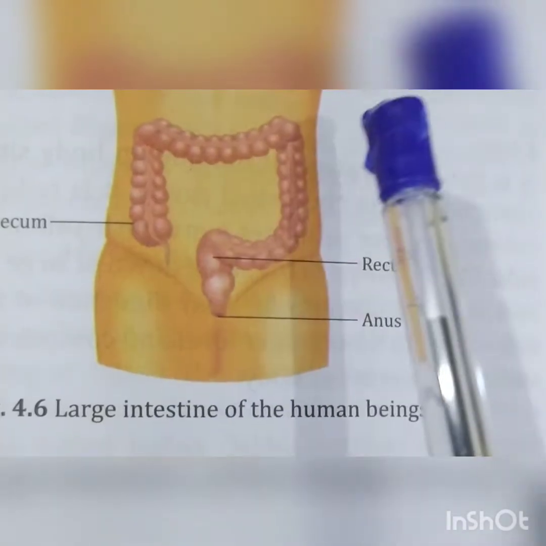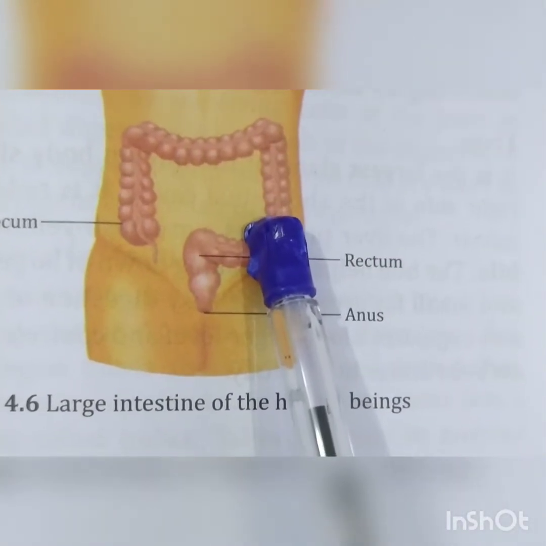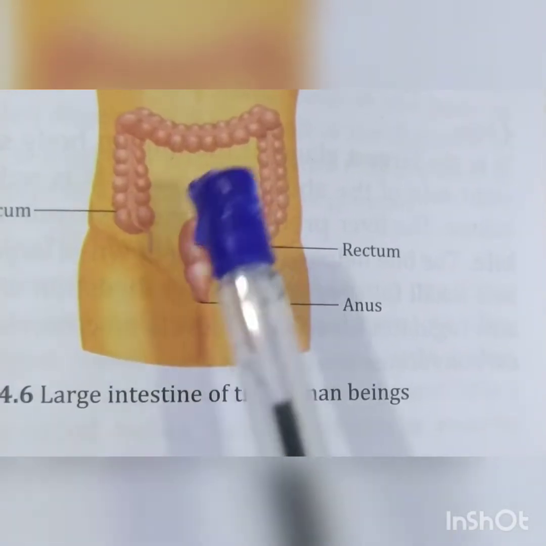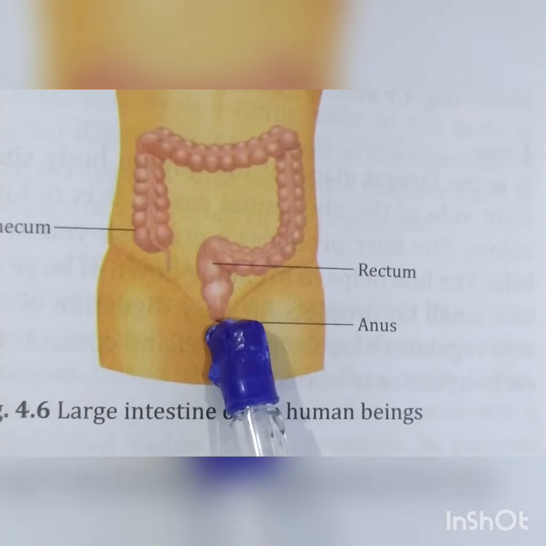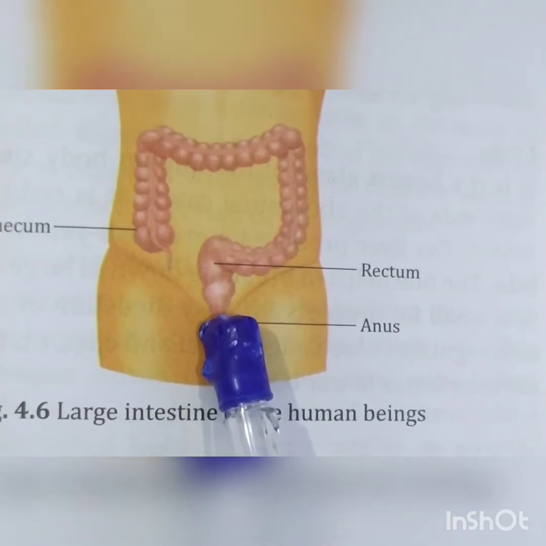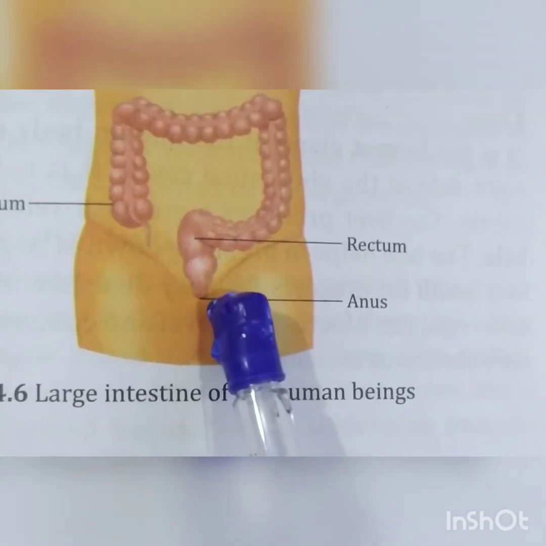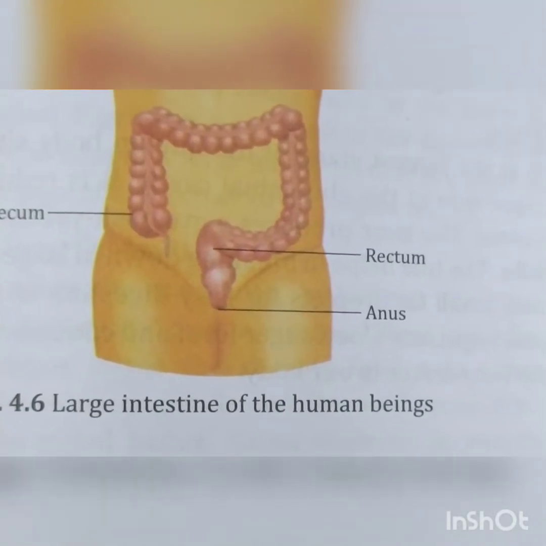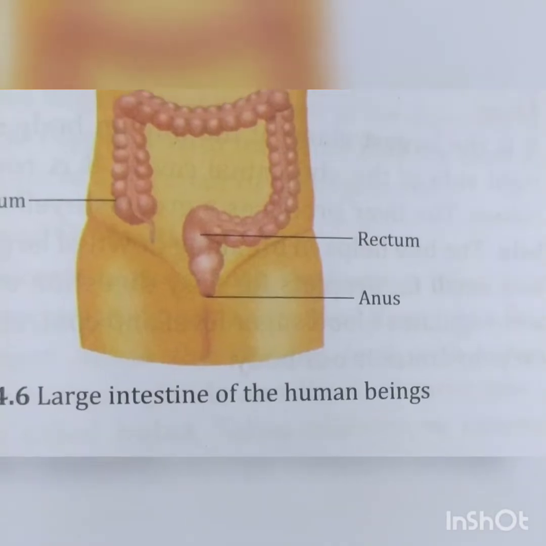The caecum leads to the colon. The colon leads to a small tube called rectum. At the end of the rectum is a small opening called anus. The anus has 2 sphincters. The pressure of the feces on the sphincters causes the urge to defecate.